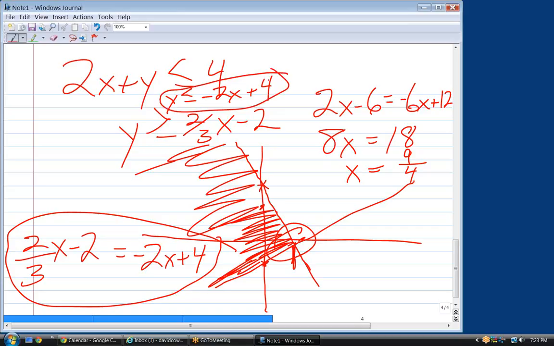And then, of course, I could plug it into this equation to get the y-coordinate. Not equation, but inequality. A lot of times you treat inequalities like equations, like in order to find the intersection here, treat it like it's an equation. And since they're both in terms of y, and the y's are the same, then the left side has to be equal to the right side.